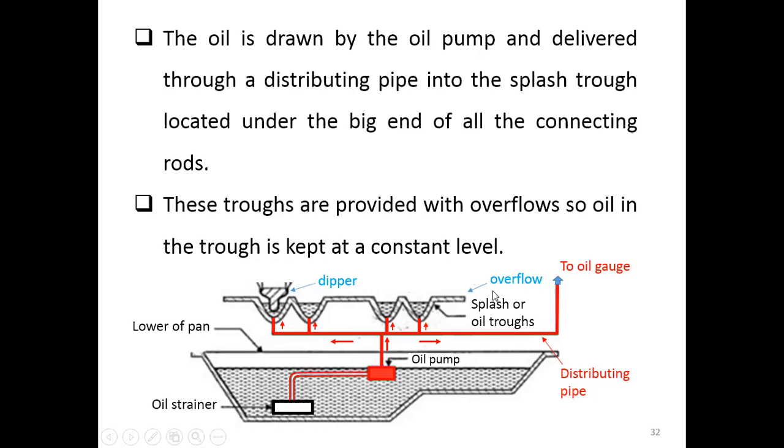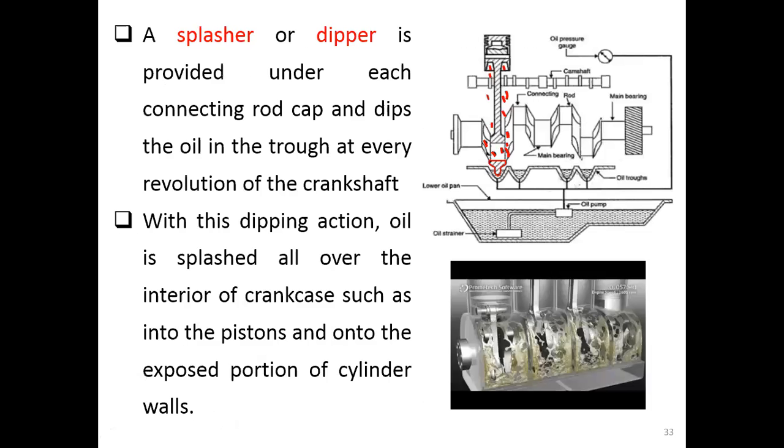Okay, and we have a dipper connected to the big end, or the bottom end, of the connecting rod. What is this dipper doing? This dipper will dip into the trough, and that means it dips into the oil in the trough at every revolution of the crankshaft here.